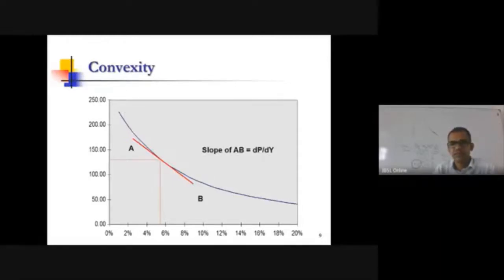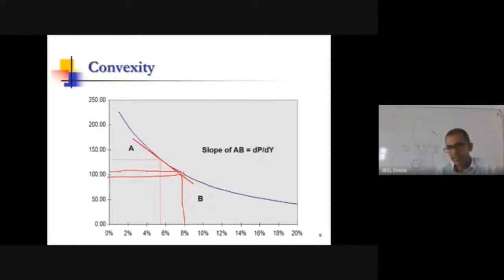So from 6% to 8%, if the yield changes to 8% and we estimate using the duration, price would be somewhere here, but the real price is a bit higher than that. So there's a small difference here.